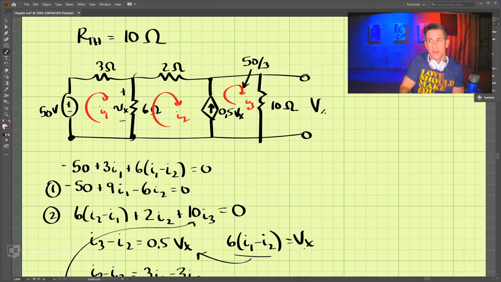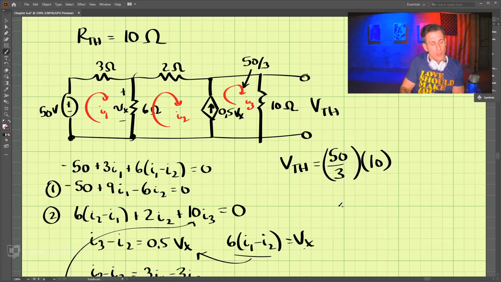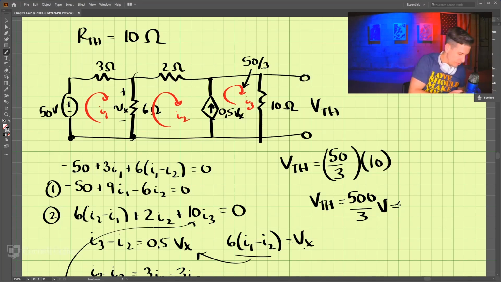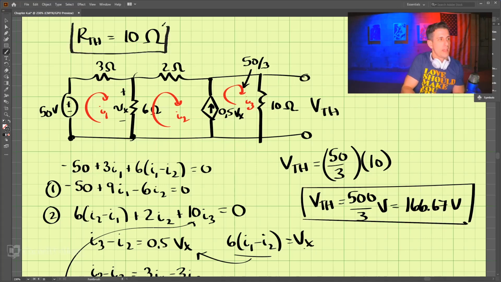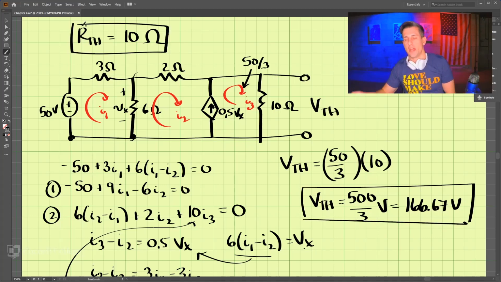So the Thevenin voltage is then 50 divided by 3 times 10 ohms, which comes out to be 500 divided by 3 volts, which is also equal to 166.67 volts. So we have the Thevenin resistance up here, and we have the Thevenin voltage now.